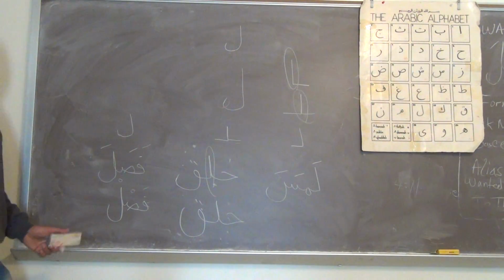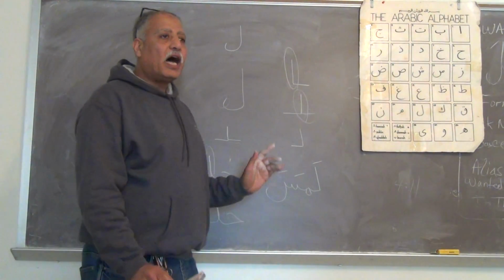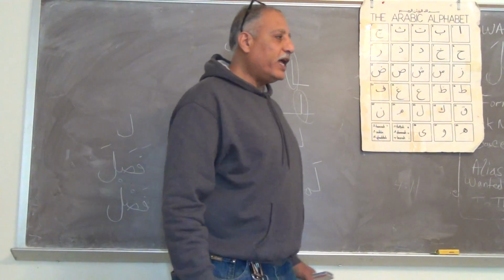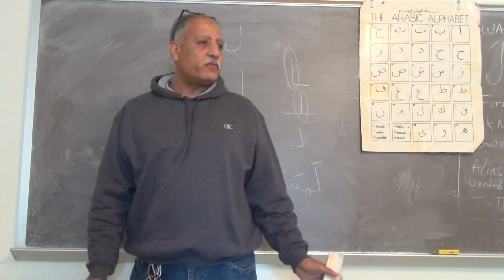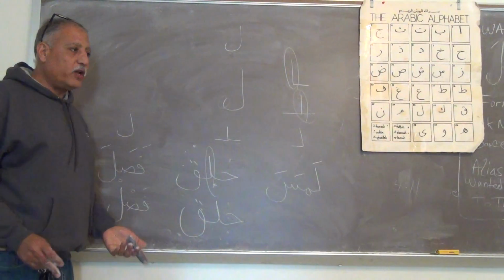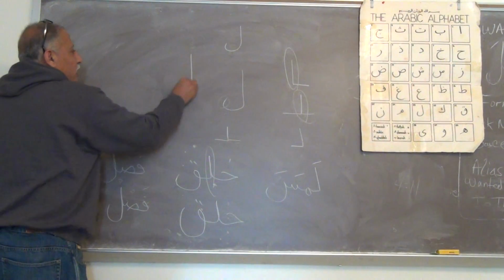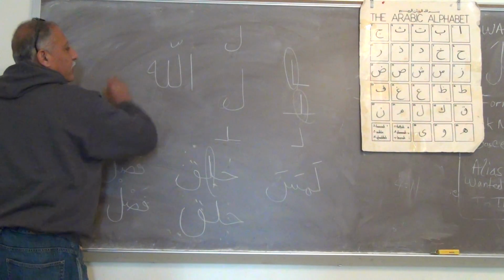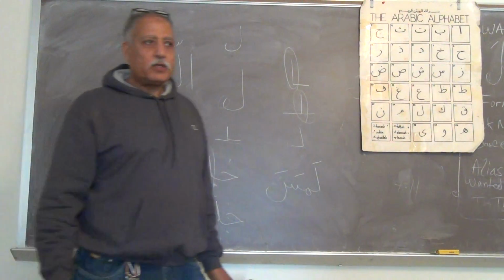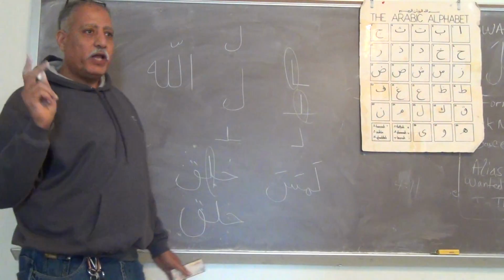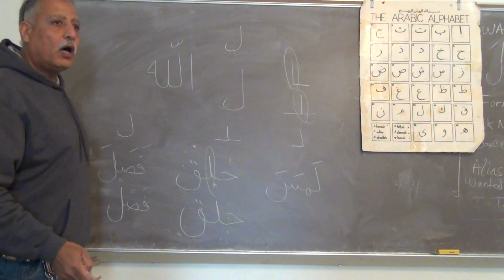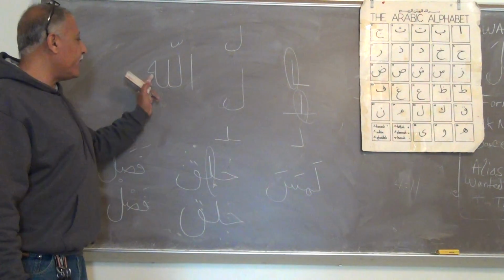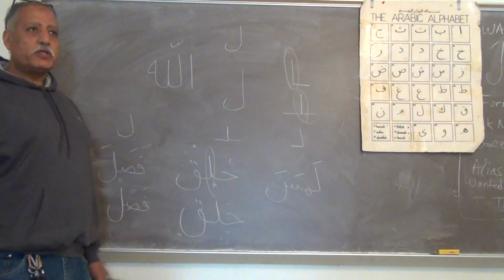حرف اللام. What is the most well-known word that has حرف اللام in it? Allah. كلمة الله has two lams. Allah. ألف لام لام هاء. الله. لفظ الجلالة.